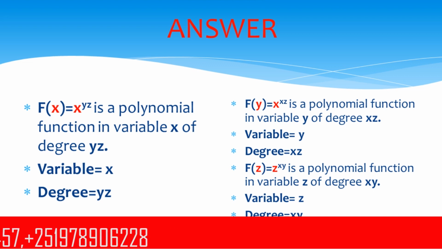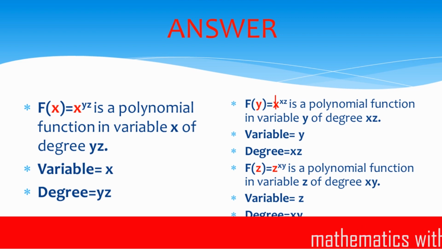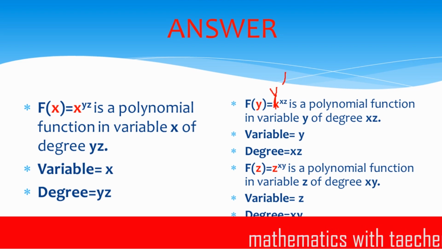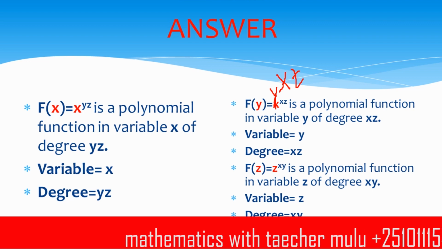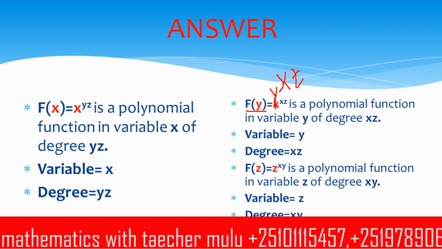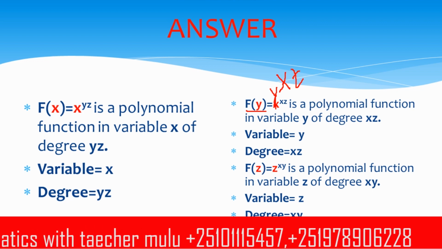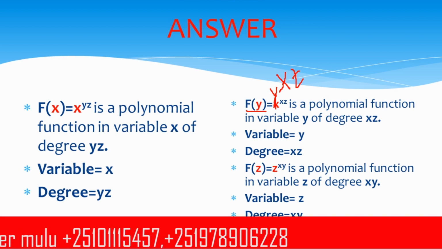So let us do the second exercise, related to the second definition of a polynomial function that I have shown you, in the variable y. If f(y) = y^(xz), it is a polynomial in the variable y, because y is in the brackets of f. The variable is y, the degree is xz.